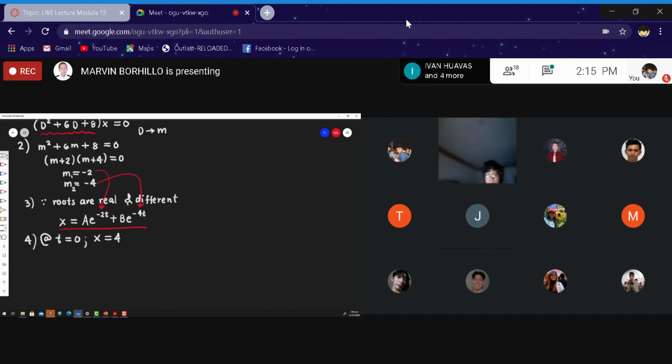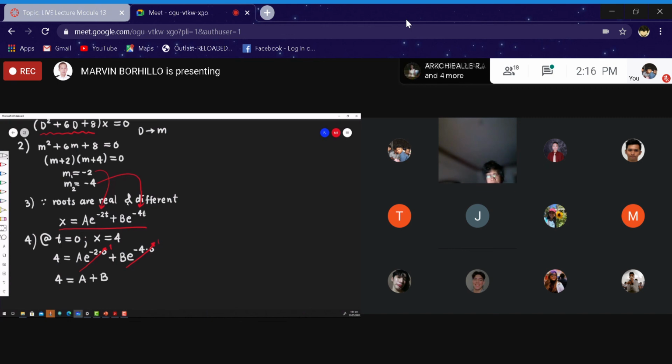So, our x will be 4 equals to a times e raised to negative 2 times 0 plus b times e raised to negative 4 times 0. This will be 1. This will be 1. So our result will be 4 equals to a plus b.